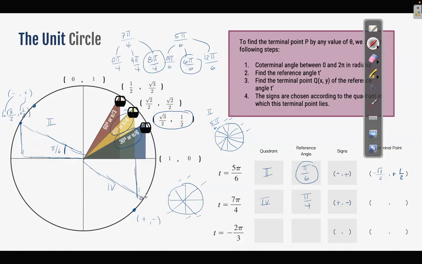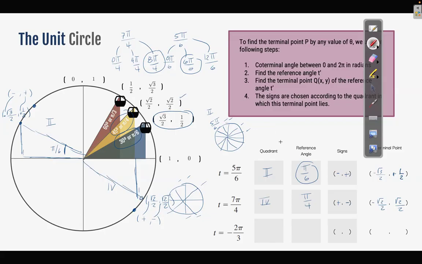The coordinate produced is going to be, once again, square root of 2 over 2, just like up there, comma, square root of 2 over 2, but with the signs according to the quadrant: square root of 2 over 2, and minus the square root of 2 over 2. So that's the idea behind angles that are trapped in between quadrants.